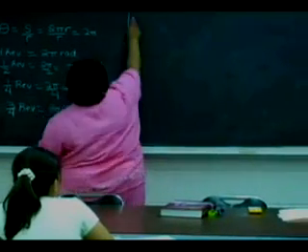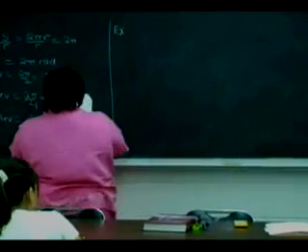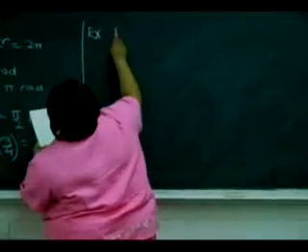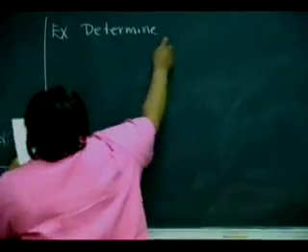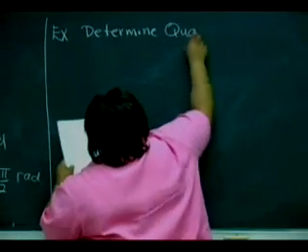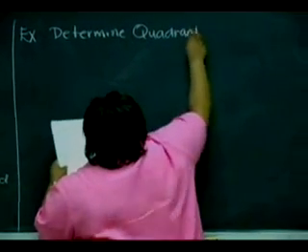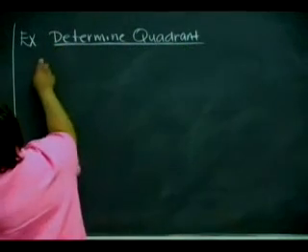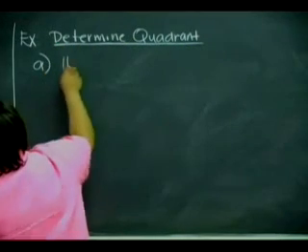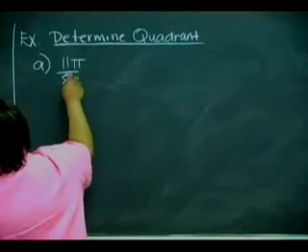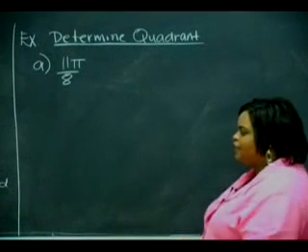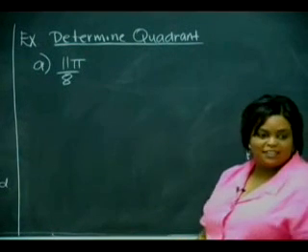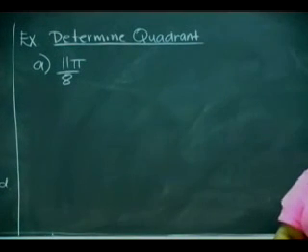So let's look at an exercise. Example: we want to determine the quadrant. Suppose we are given an angle of 11 pi over 8, and we want to determine which quadrant this angle lies in.